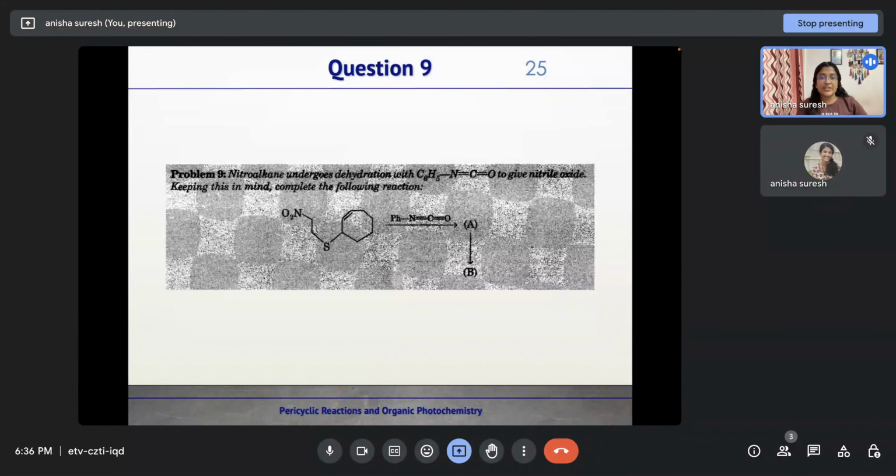And the ninth question is: nitroalkane undergoes dehydration reaction with phenyl isocyanate to give nitrile oxide. Keeping this in mind, complete the following reaction. So this is a 1,3 dipolar cycloaddition reaction.